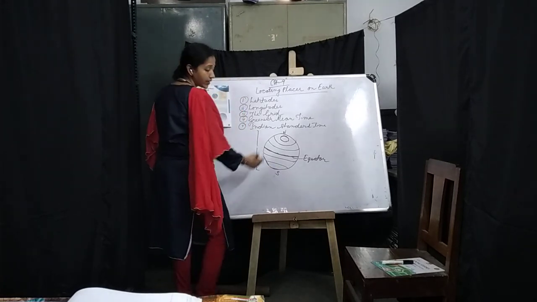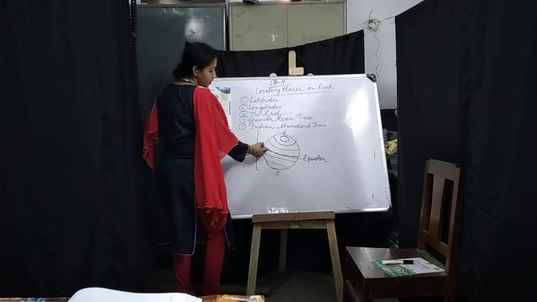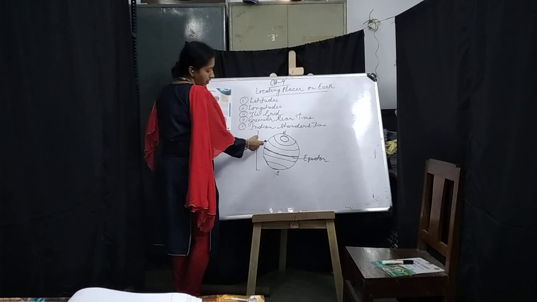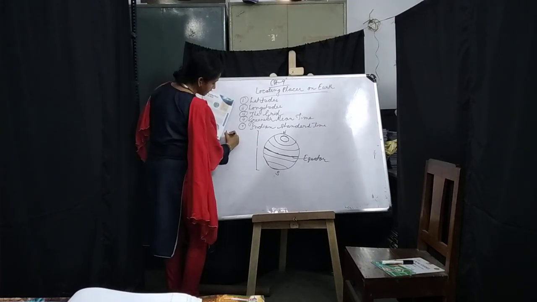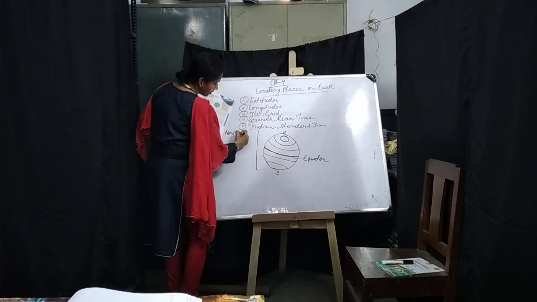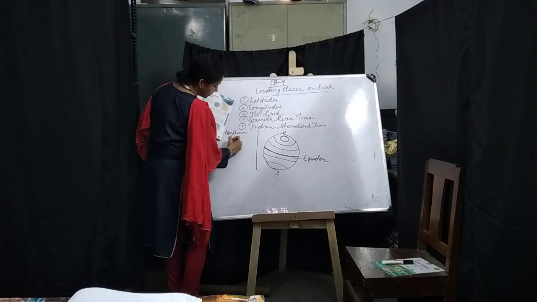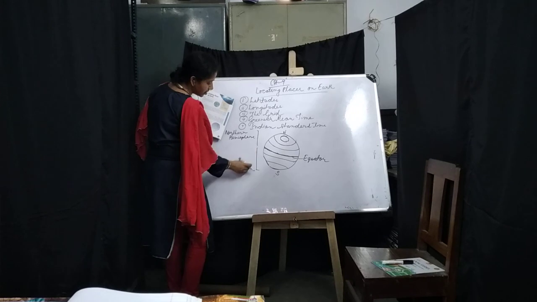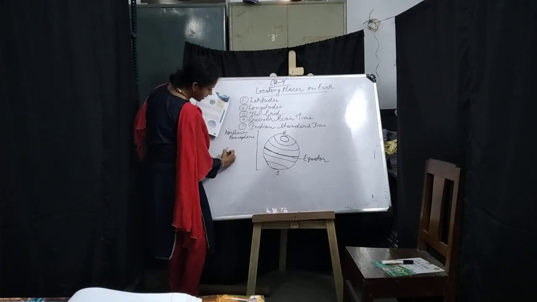The upper part is the northern hemisphere, and the lower part is the southern hemisphere.